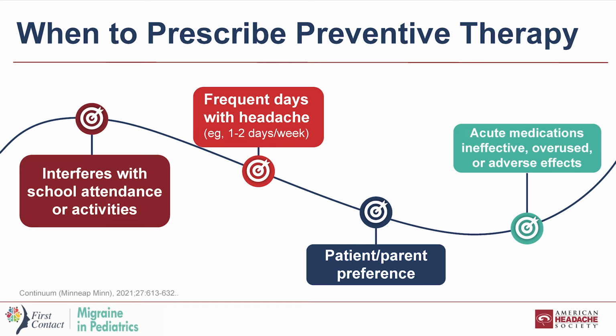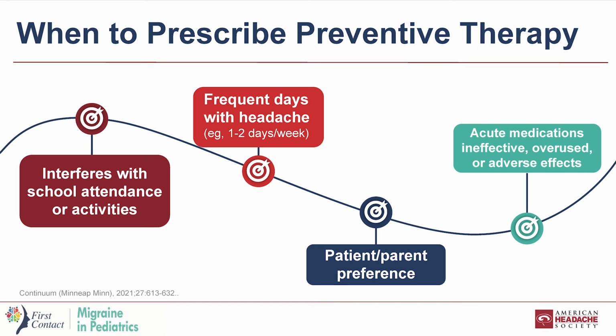That is not always the only reason, though, that we might add a preventive. So sometimes we add preventives because migraine attacks are really starting to interfere with school attendance or activities. Sometimes it's just preference, especially since migraine is a disease that runs in families. Sometimes you have patients who you're seeing where the family is very well educated about the options that are out there for treatment, and they're really interested in adding a preventive.